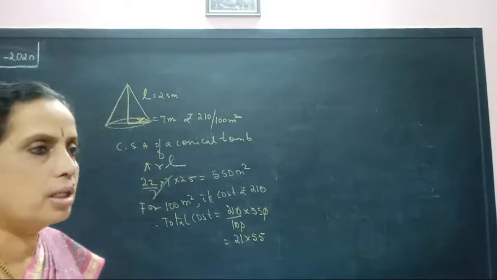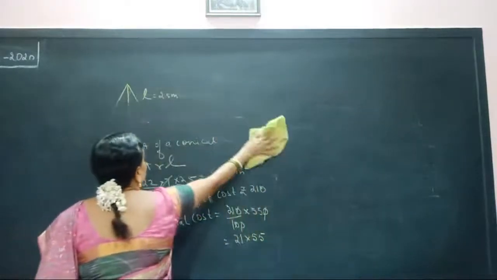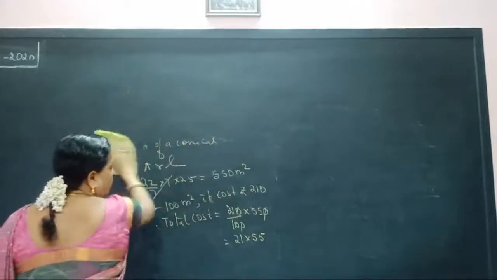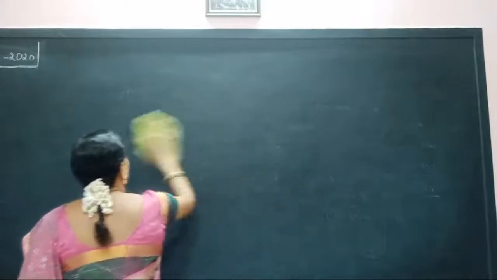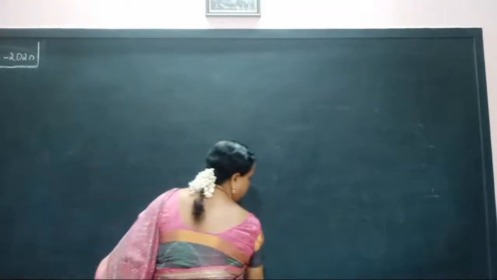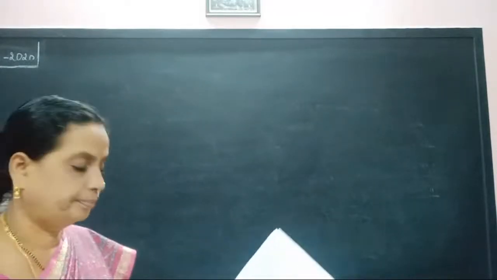So be fast with your working. So the cost of whitewashing is 1100. What is the answer? 1155. Next.